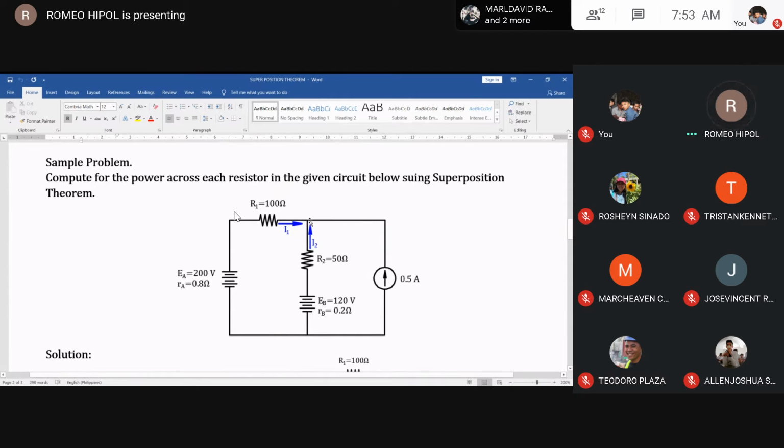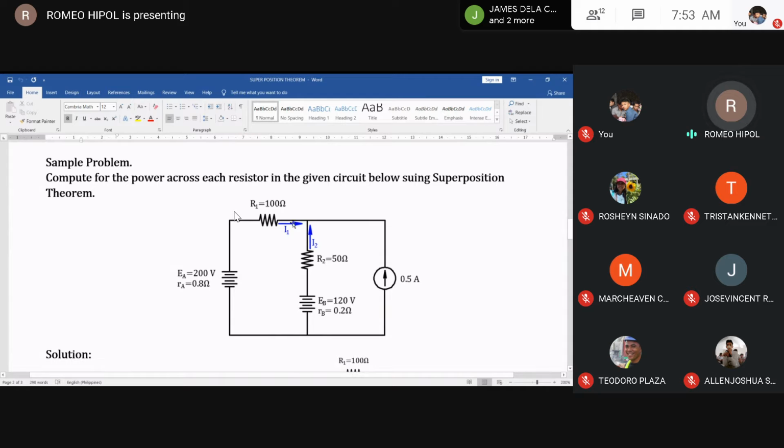Then we also set E sub B entering the same junction. And then the 0.5 ampere current source, so all of them are entering. So, in actual, at least one branch should give way for the other current.